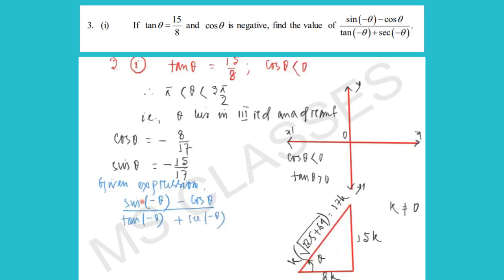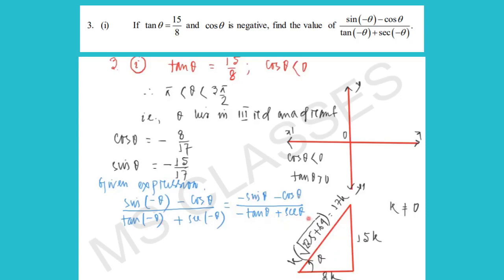Now we know sine of minus theta is minus sin theta, minus cos theta, divided by tan of minus theta, which is minus tan theta, and sec of minus theta is sec theta.